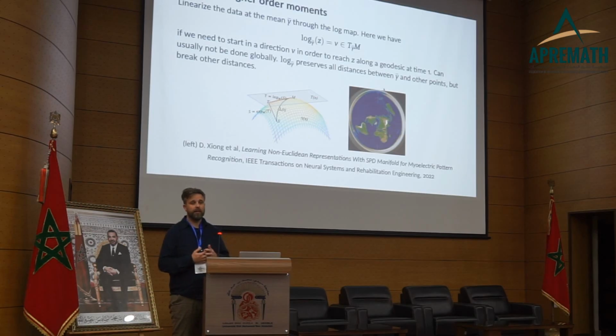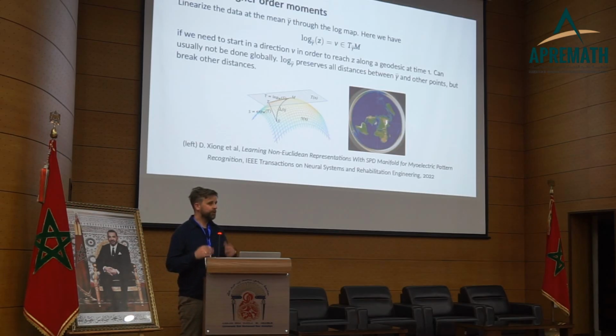So this is very concrete, and it's how things usually are done when it comes to means in nonlinear spaces. One thing to notice is that through this linearization process, we're keeping all the distances from the mean, but we're ruining all the other distances in between, right?